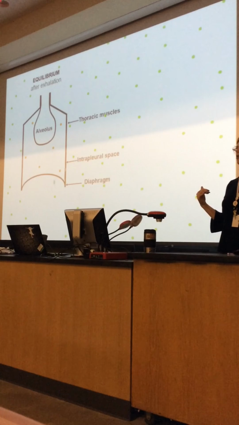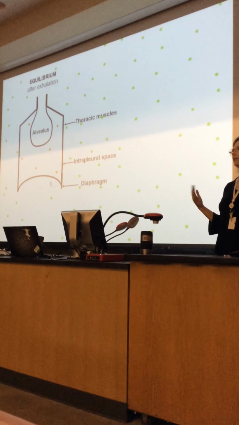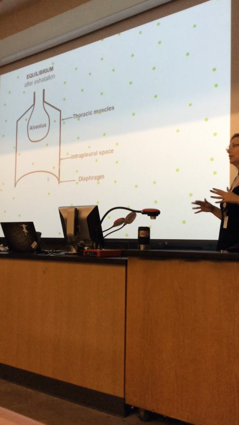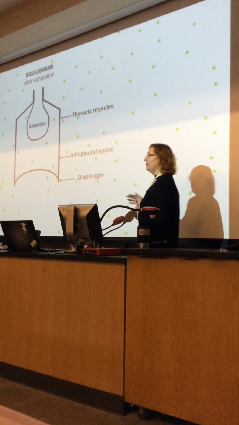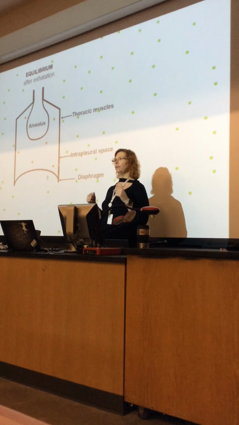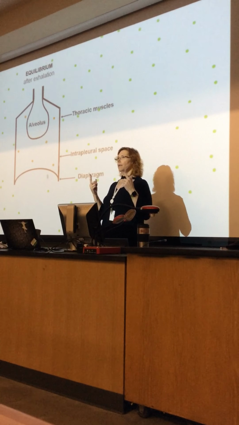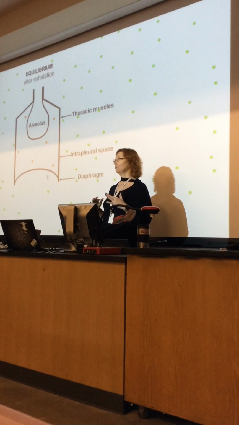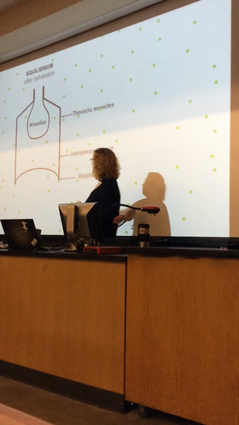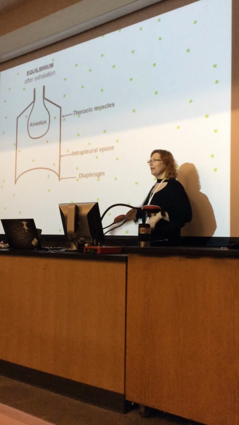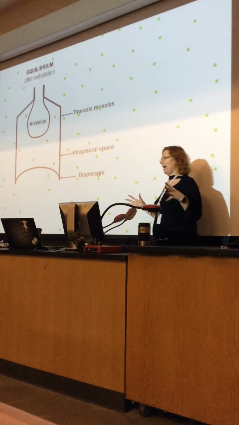Right? No air entering, no air leaving. So that's the equilibrium after I've just exhaled. What we're going to go through now is from here back to there, stepwise. Okay, so we have equilibrium after we've exhaled.